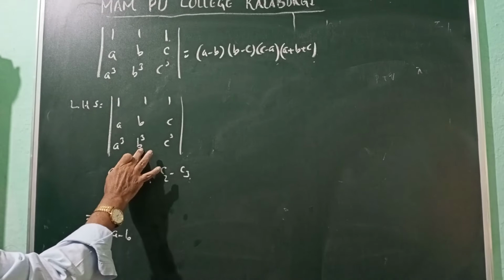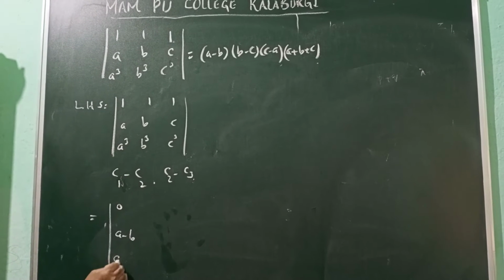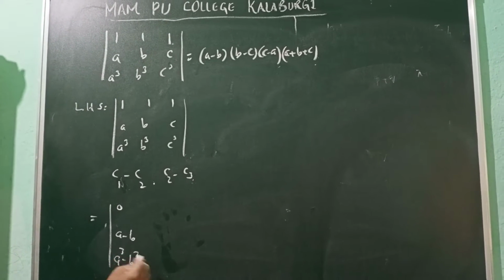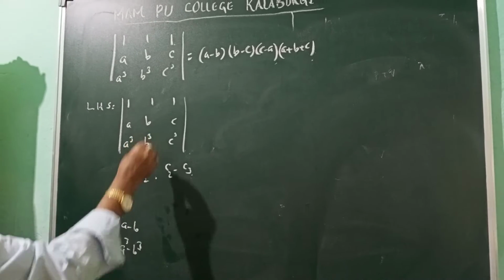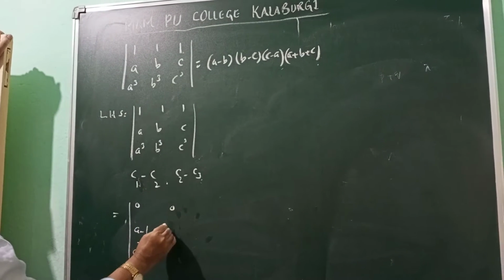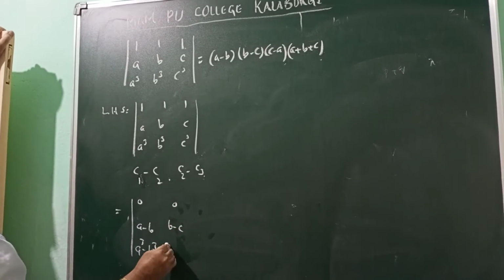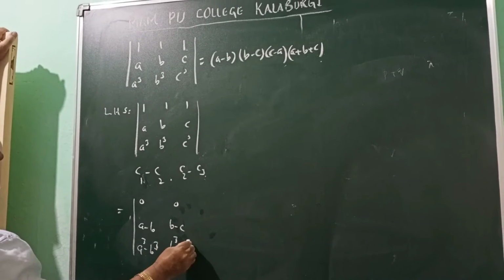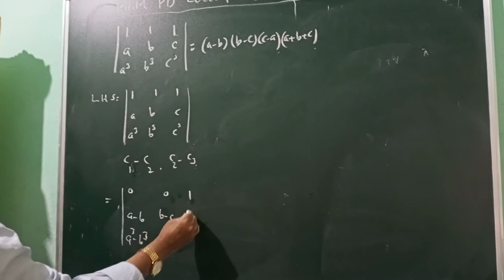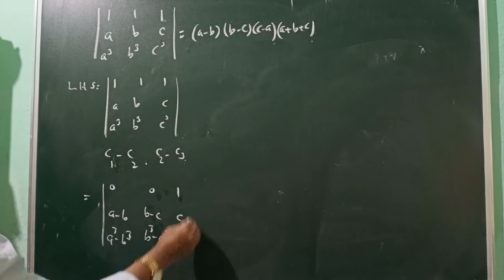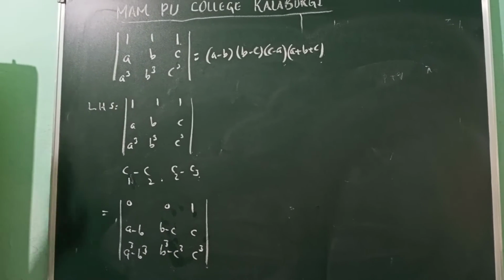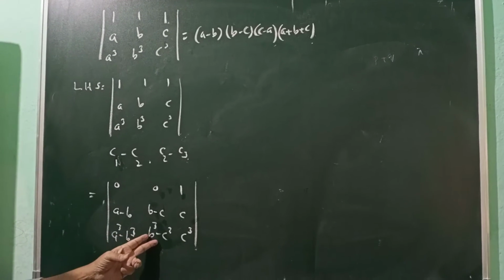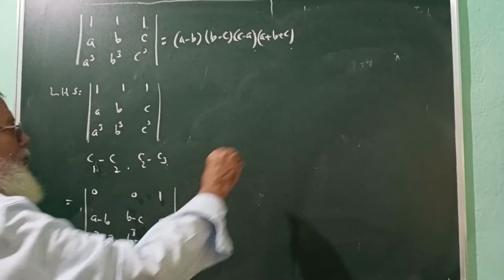And here it is A cube minus B cube. It is 0, B minus C. It is B cube minus C cube. 1, C, it is C cube. Now here to this term, let us factorize it. We know the formula.